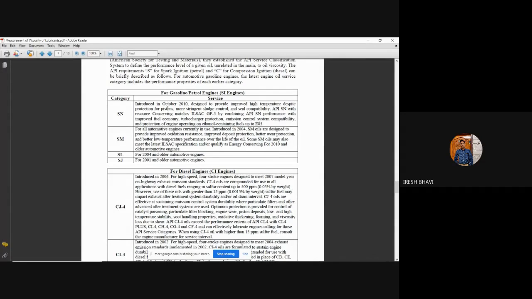So the piston will be protected and there is stringent sludge control. Sludge means what? When the lubricating oil is operated, a black colored residue will come and deposit maybe on the walls of the cylinder, or may get collected in the oil sump. That is called sludge. So sludge control will be there.